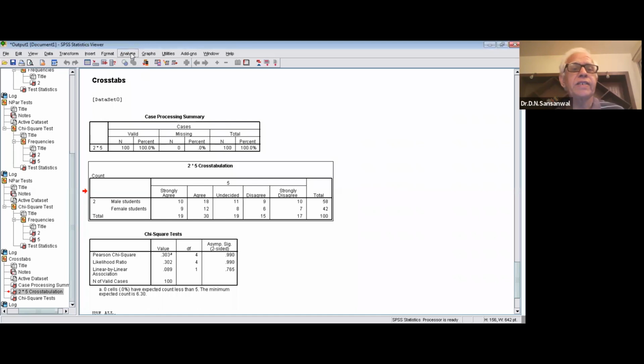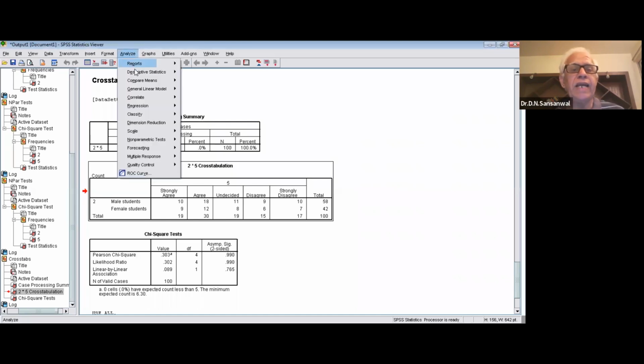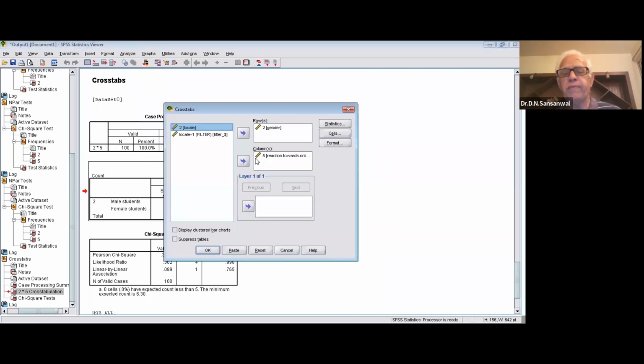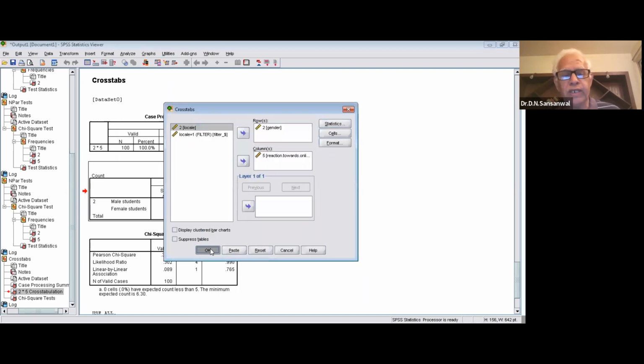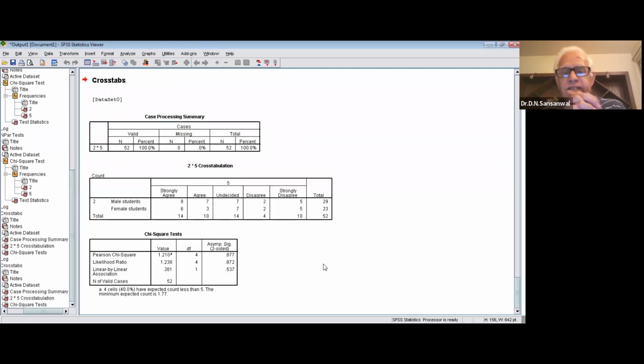Now let us do the analysis. We go to descriptive and we go to cross tab. And I have already entered and it is chi-square.